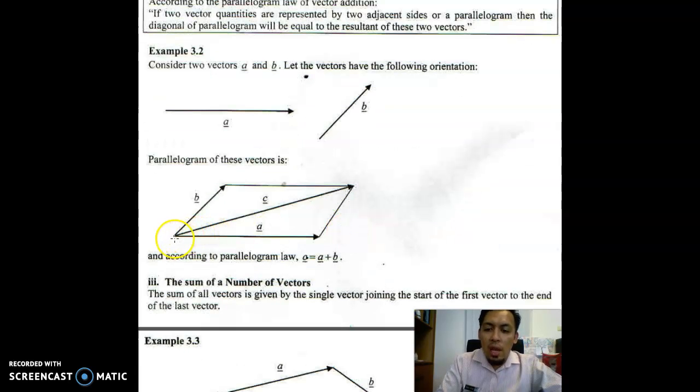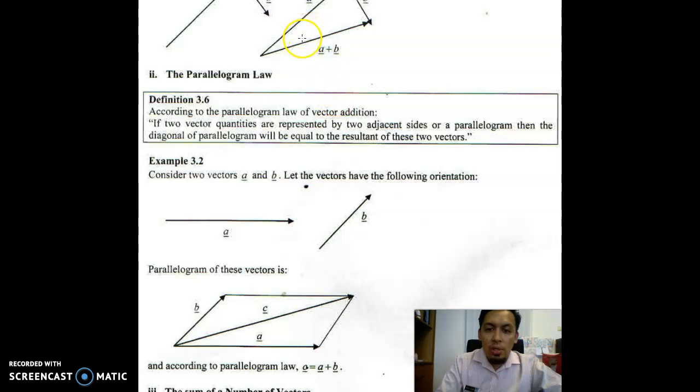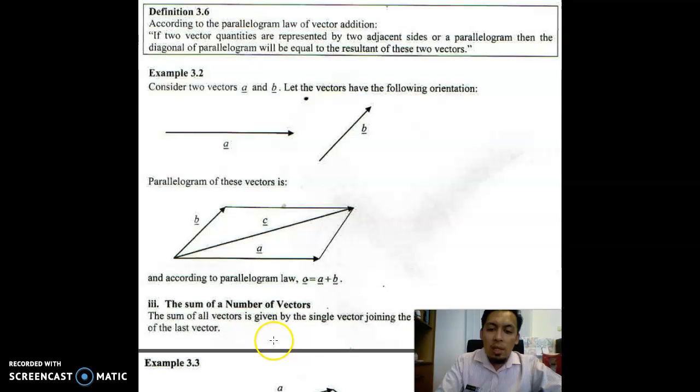So this diagonal line is the summation of A and B. It doesn't really matter which method you use, because they should give you the same magnitude and the same direction. That is on summation.